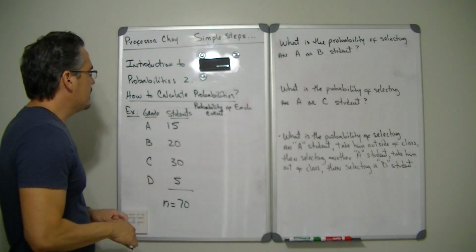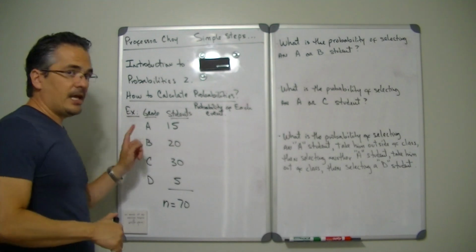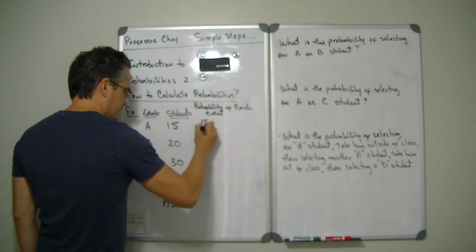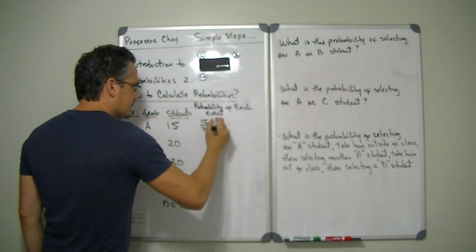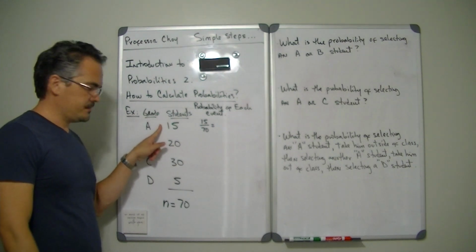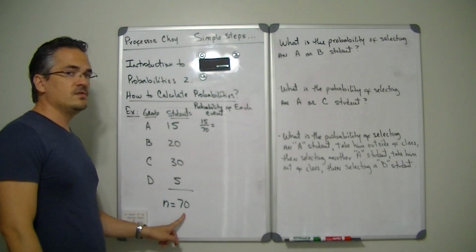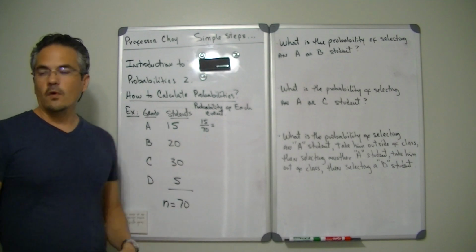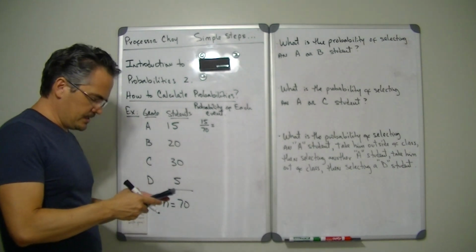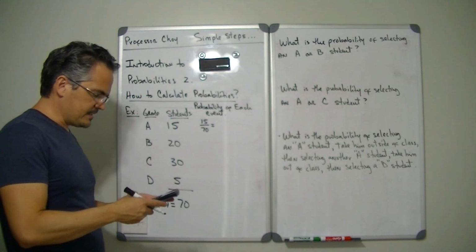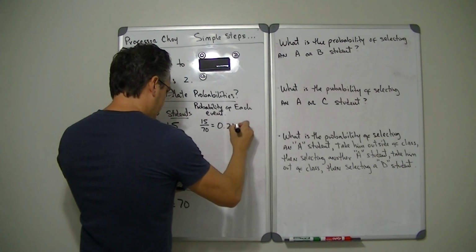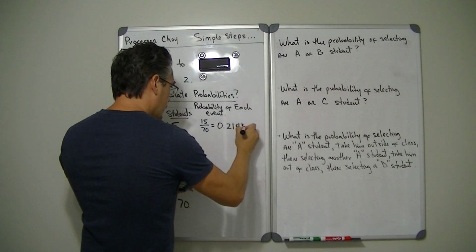So, the probability of an A in this case is 15 out of 70, because there are 15 students who got an A and 70 students in the class. Therefore, the probability that a student got an A is 15 divided by 70, or 0.2143.